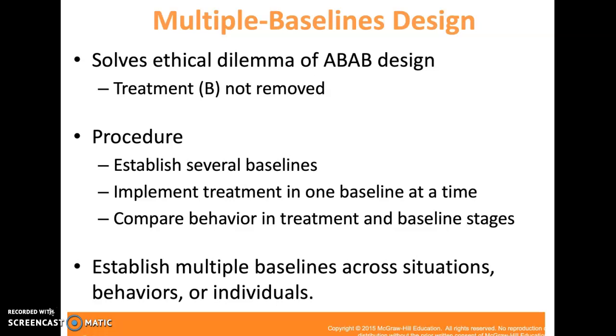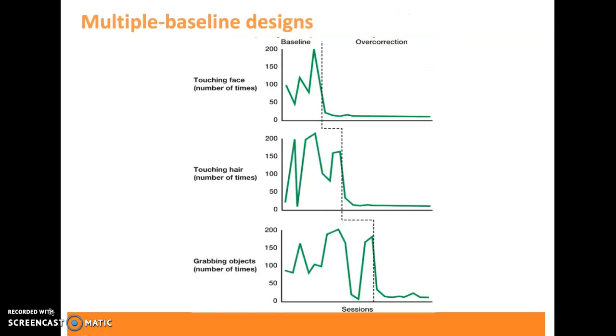So in this kind of design, the treatment is not removed. What happens is that we establish several baselines, and then the treatment is implemented into one baseline at a time so that we can see when the behaviors change. So this could be across different situations, could be across different behaviors, or across different individuals.